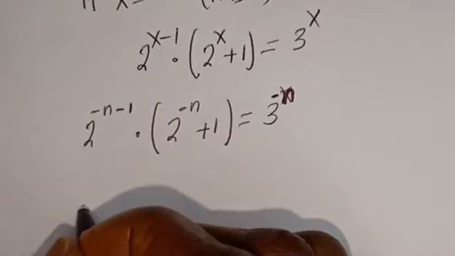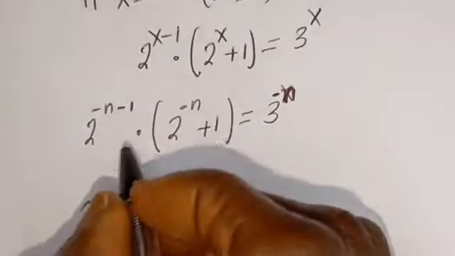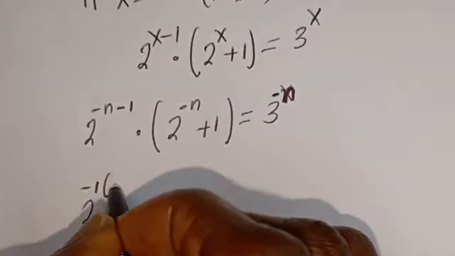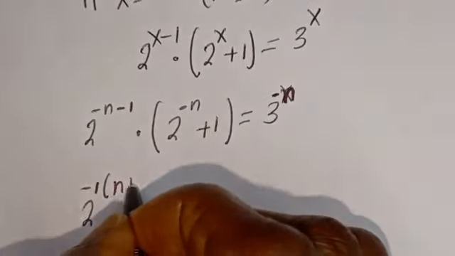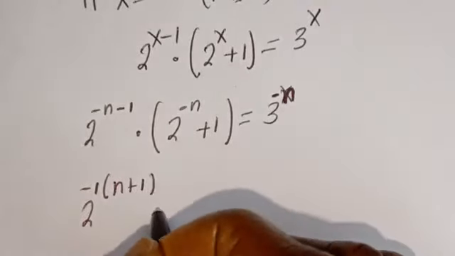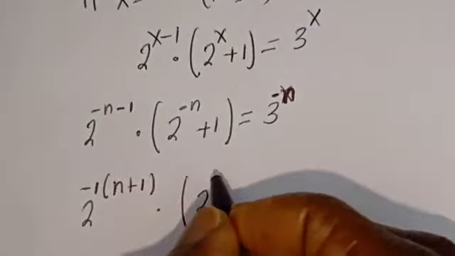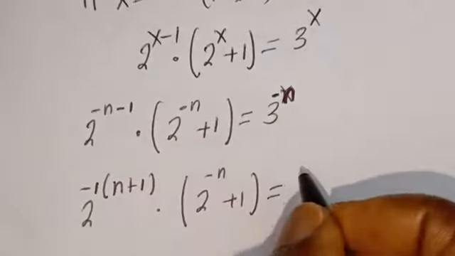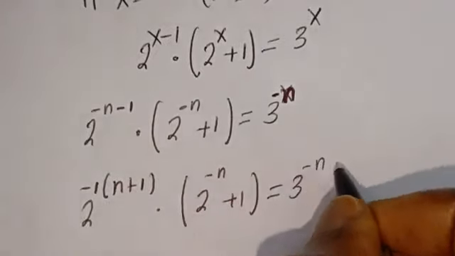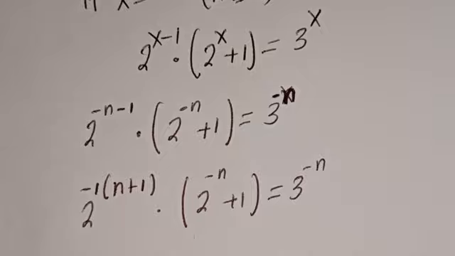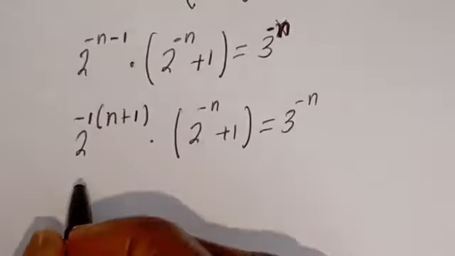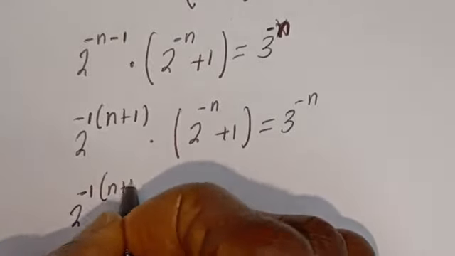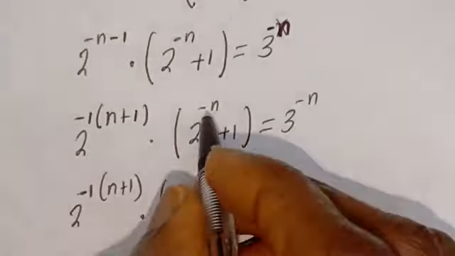Then this can be written as 2 to the power of minus n, minus 1, multiplied by 2 to the power of minus n, plus 1, is equal to 3 to the power of minus n. Let's take the reciprocal of this.